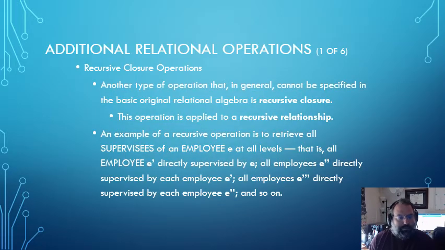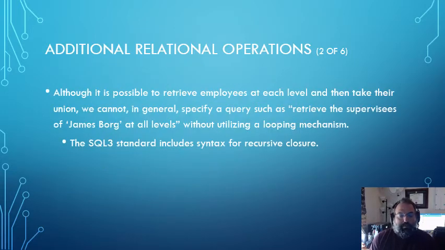Additional relational operations: recursive closure operations. Another type of operation that in general cannot be specified in the basic original relational algebra is recursive closure. This operation is applied to a recursive relationship. An example of a recursive operation is to retrieve all the supervisees of an employee E at all levels, that is, all the employees E' directly supervised by E, all employees E'' directly supervised by E', and so on.